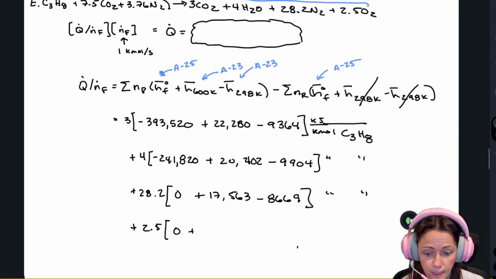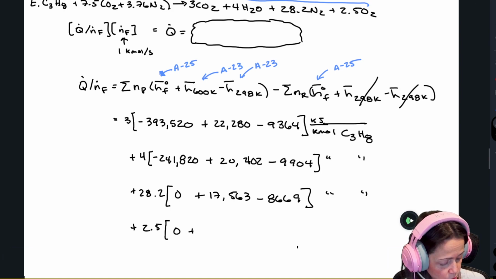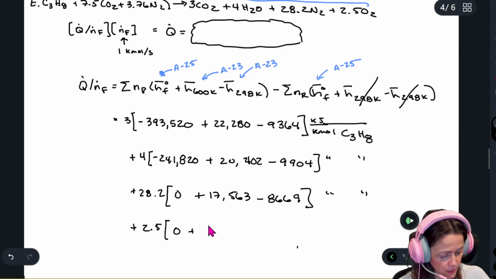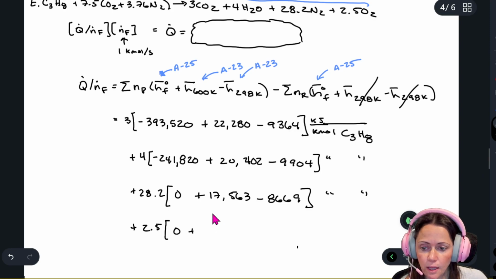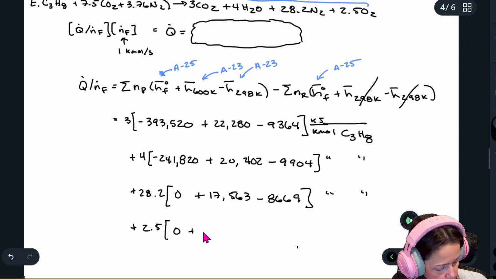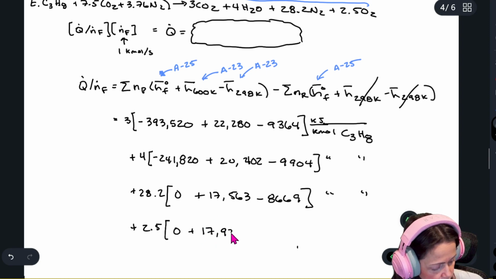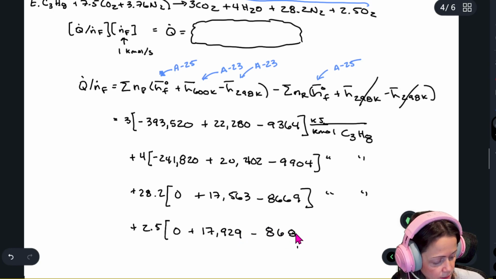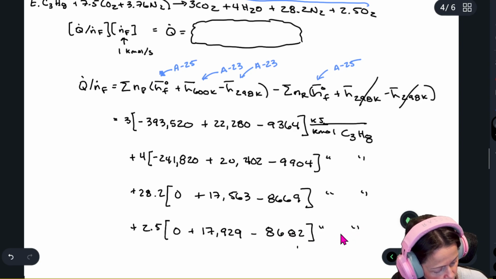At 600 Kelvin, I've got an enthalpy H bar of 17,929, and at standard reference state 298, 8682. So that's for oxygen.